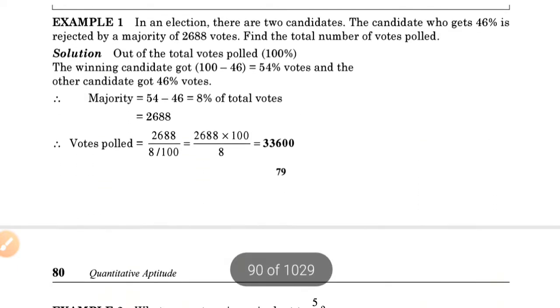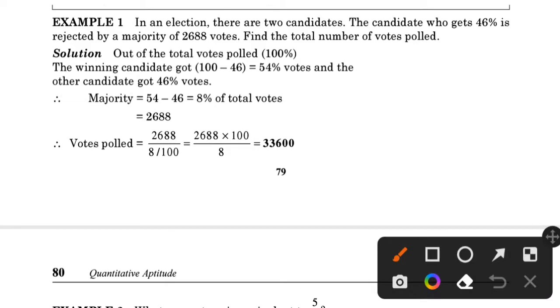In example 1, we are given that in an election there are two candidates. The candidate who gets 46% is rejected by a majority of 2,688 votes. Find the total number of votes polled. So in this example, there are two candidates. The first candidate, who is rejected by the voters, gets 46% votes.